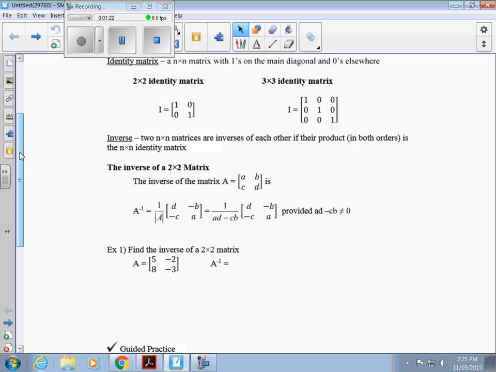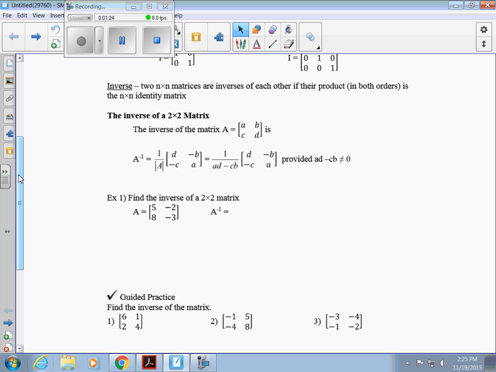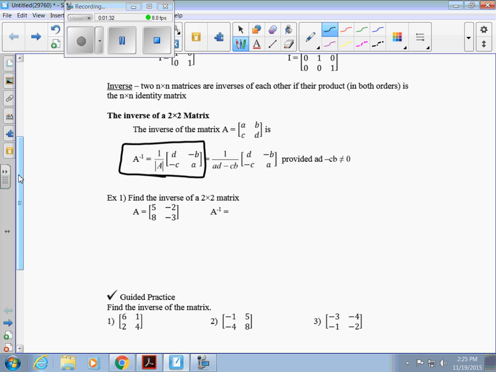So here's how we're going to find the inverse of a 2 by 2 matrix. We're going to take our original matrix, A B in row 1, C D in row 2, and then to find the inverse we take 1 over the determinant of A, and that's going to be a scalar like a half or a fifth.